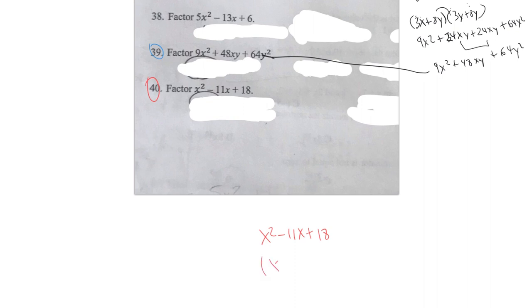So that would be x minus 9 times x minus 2. The reason is because negative 2 times negative 9 is positive 18, and negative 2 plus negative 9 is negative 11.